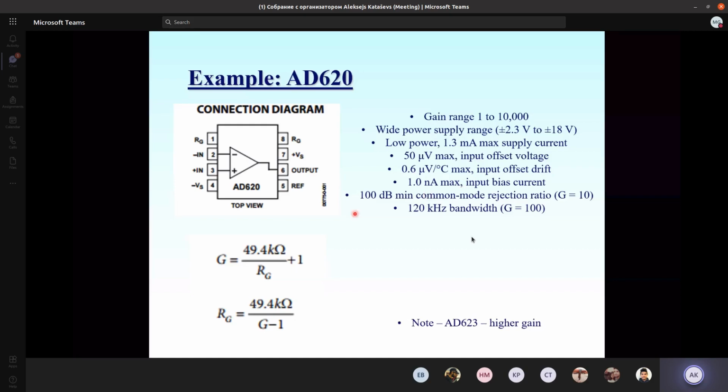The common mode rejection ratio is at minimum 100 decibel. It means that it's higher than 100,000, the ratio between the differential gain and the common mode gain. And the bandwidth is quite high, about 120 kilohertz. That means that this amplifier may be perfectly used with all biological signals.